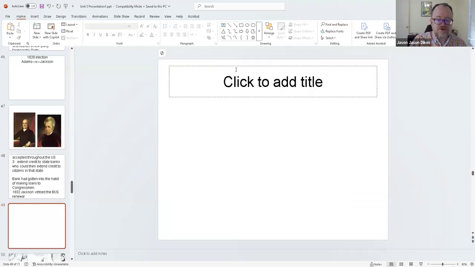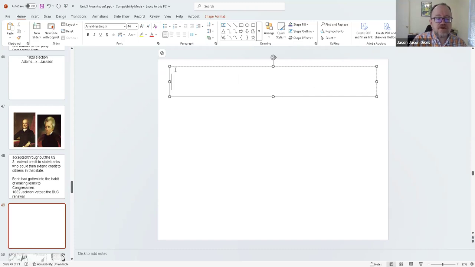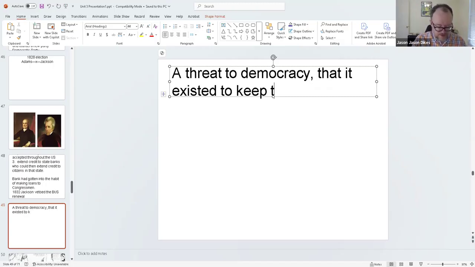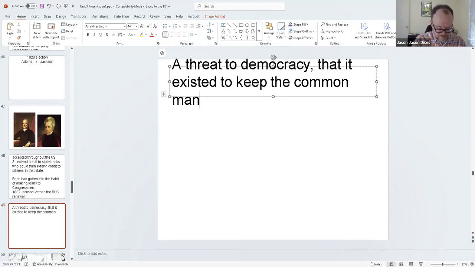Now, in his message, he mentioned that the bank was a threat to democracy, which I could sort of see that. Again, the loans to congressmen. That it existed to keep the common man down, which I'm not really sure where that's coming from.